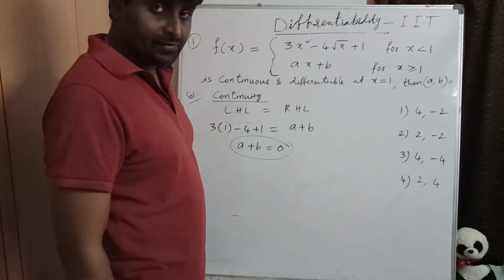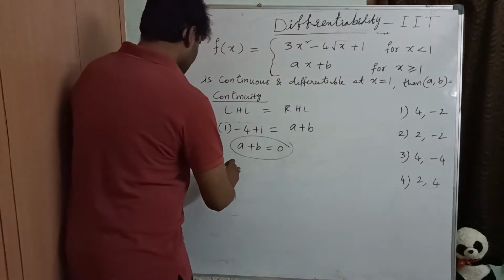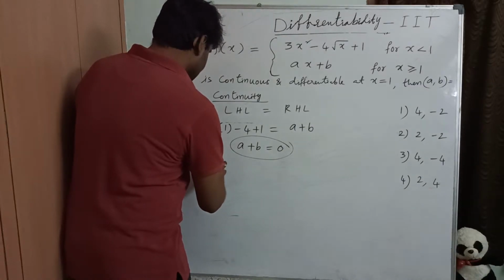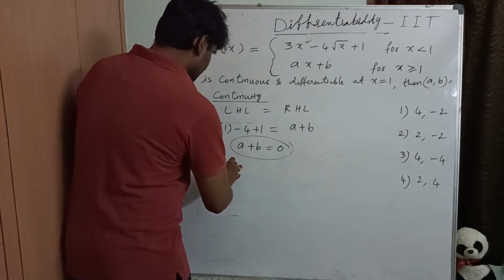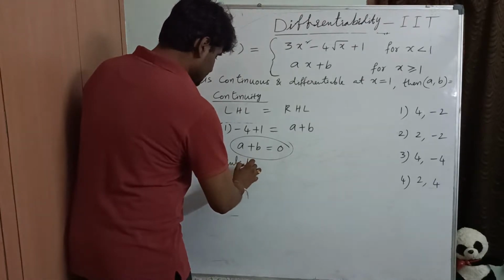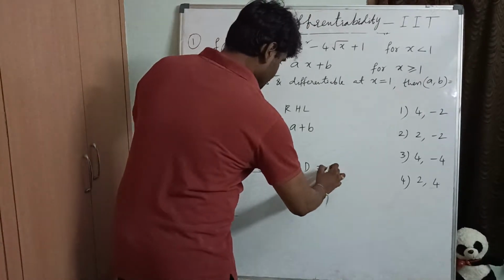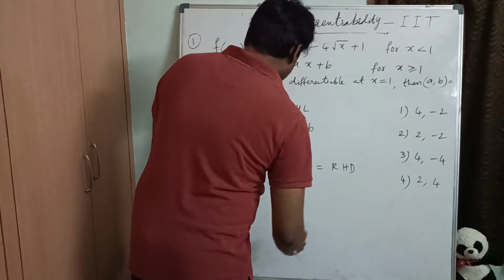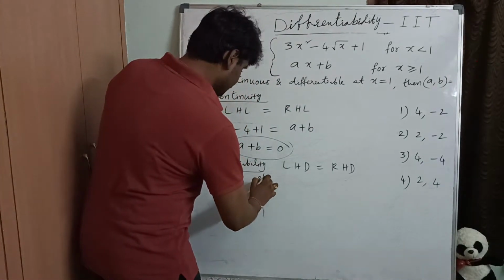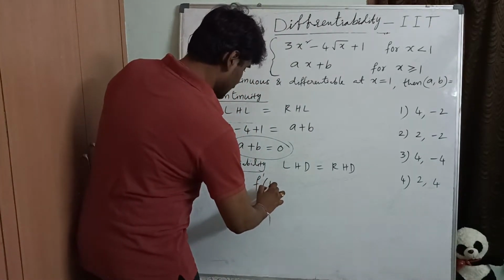It was also given as differentiable, so LHD equals RHD. Now let me see differentiability. So how can I write f dash of 1 minus?